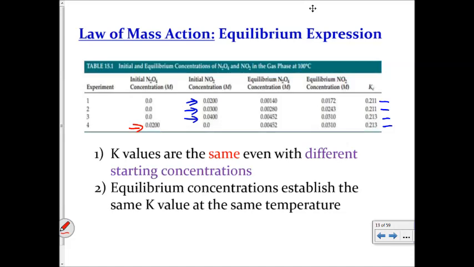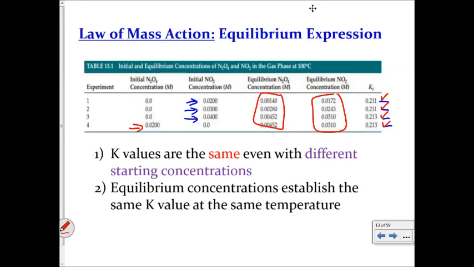But as you see, once they get to equilibrium, even though these values right here might be different, when you do the equation, you end up getting this same K value each time, 0.21, 0.21, 0.21, 0.21. Get that same K value, that's the same ratio. Doesn't matter which one you start with, it's going to go straight to those equilibrium concentrations that establishes that ratio.